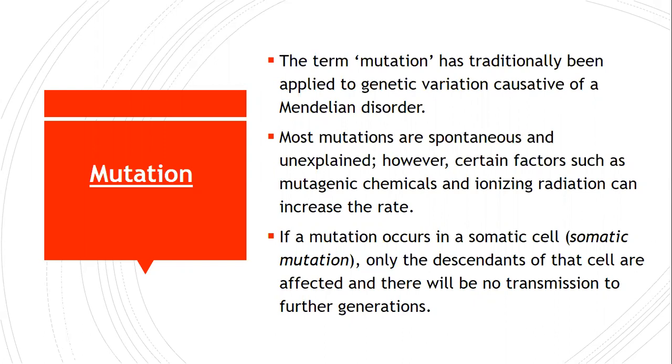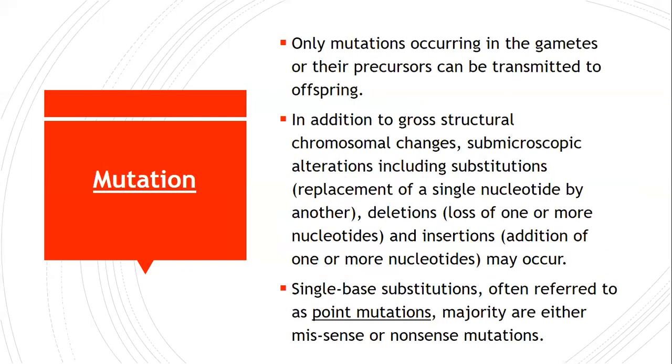Only the descendants of that cell are affected and there will be no transmission to further generations. That happens in an individual after the zygote is formed. Only mutations occurring in a gamete or their precursors can be transmitted to the offspring. So if a mutation occurs at the gamete level, then it will be transferable.